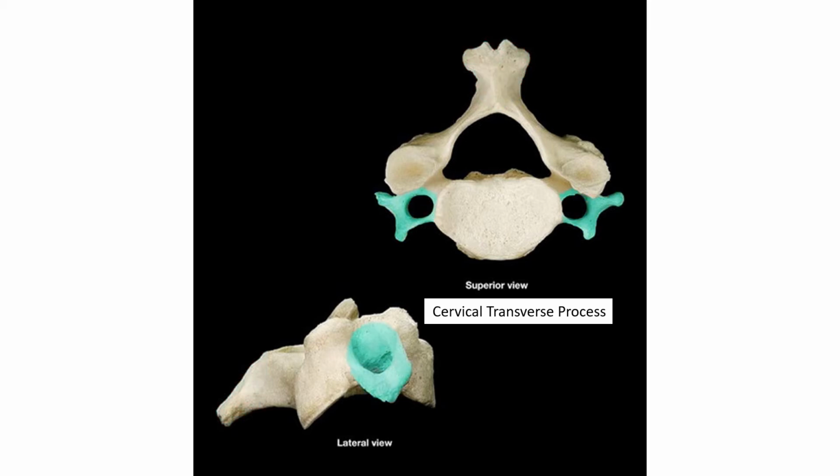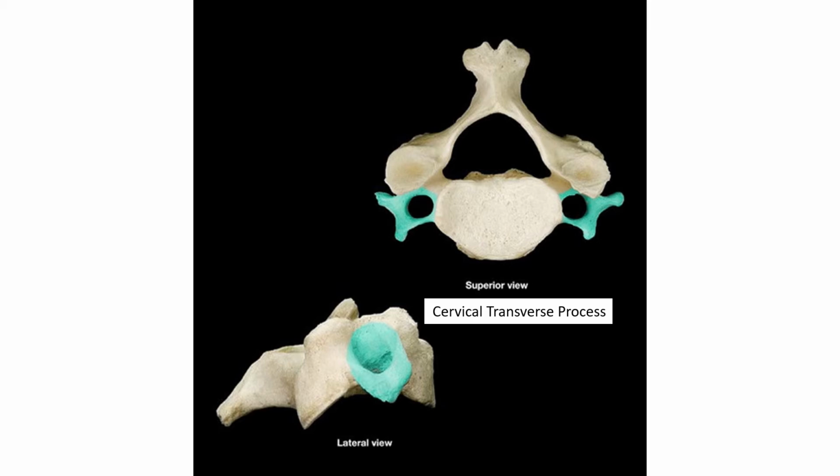What comes out of the body of a cervical vertebra, or any vertebra, is a process, which is marked green. This process is called the transverse process.